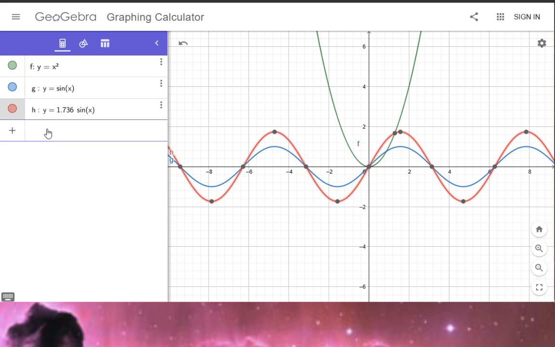Alright, so let's try something. Let's see if this works. C squared plus 0.1.